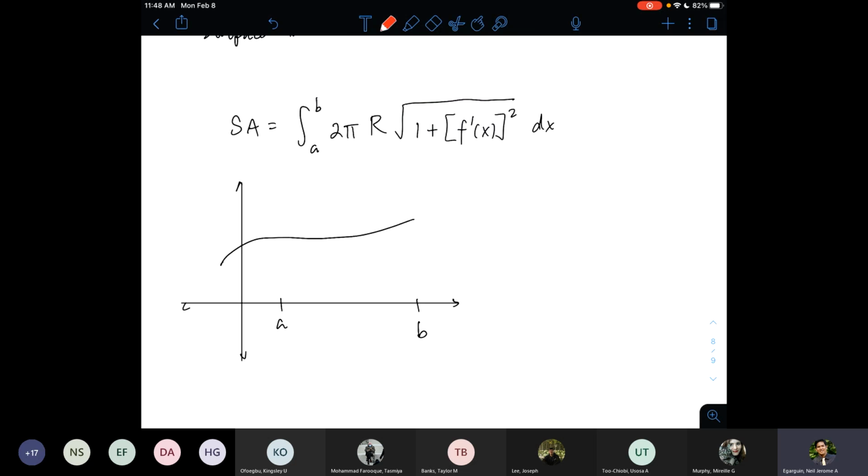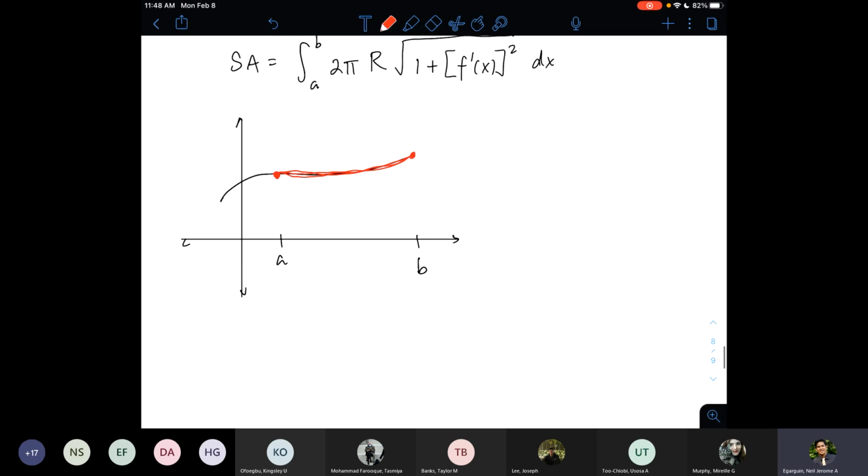Suppose we are considering this red arc over here, and we want to revolve it around some axis. Say this is our AOR. Imagine what will happen. We are not revolving a shaded region with respect to the AOR, but we are simply revolving an arc over the AOR.